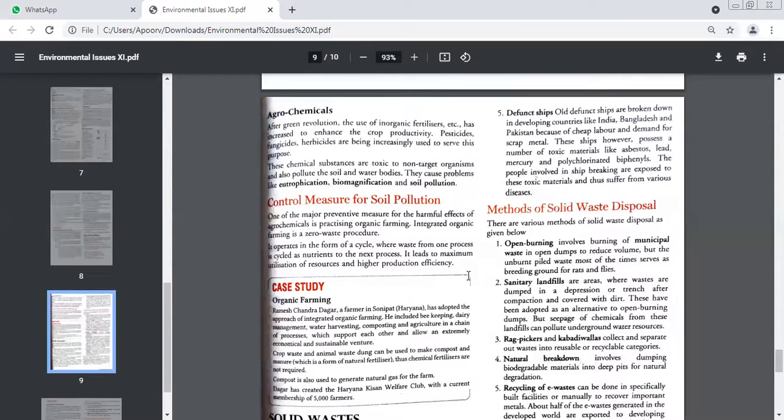Now, what do people do? There is some metal in the old ships, boats, so they try to take it out. These ships, however, possess a number of toxic materials like asbestos, lead, mercury, and polychlorinated biphenyls. People involved in shipbreaking are exposed to these toxic materials and thus suffer from various diseases.